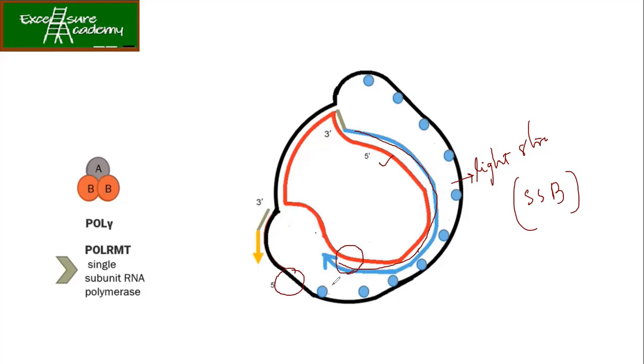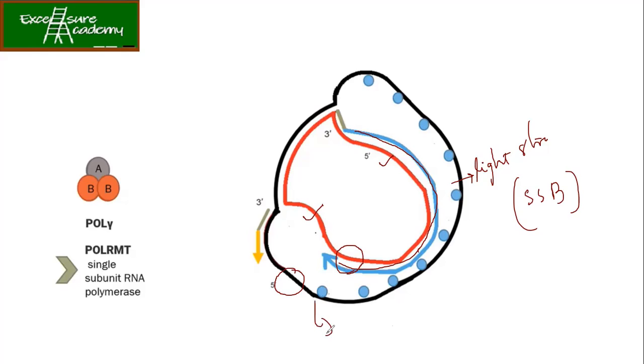So the chances that one of the DNA polymerases might fall off from the strand and terminate the replication is high, right? In order to avoid that, what mitochondria do is that first it completes the heavy strand DNA replication, and only later does the light strand replication start.